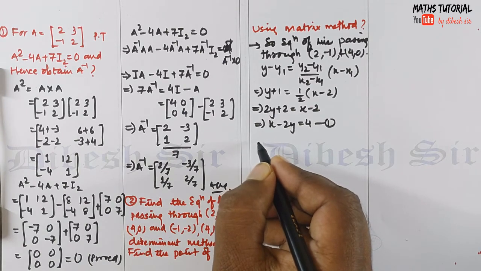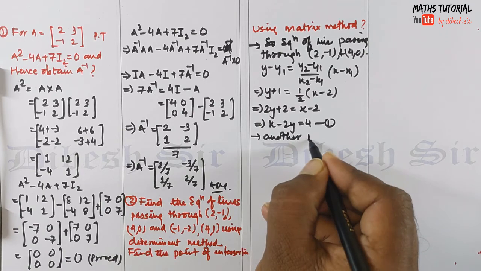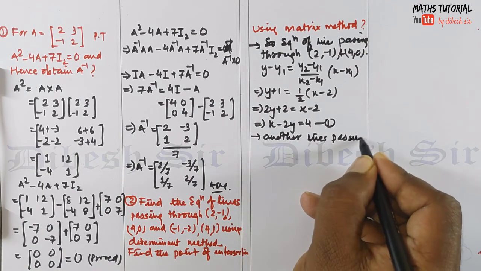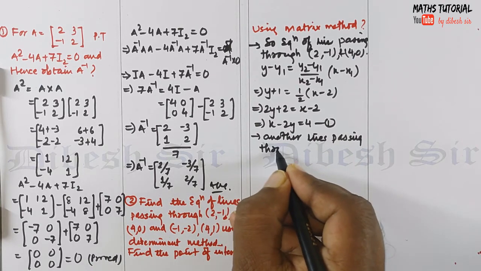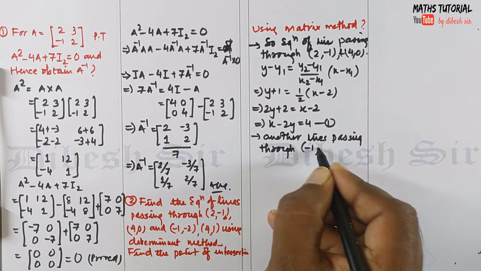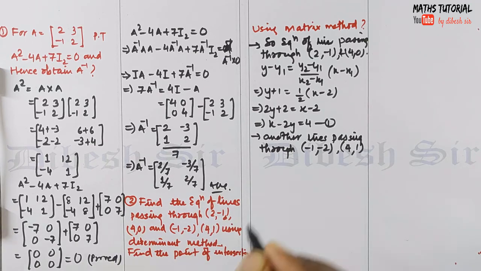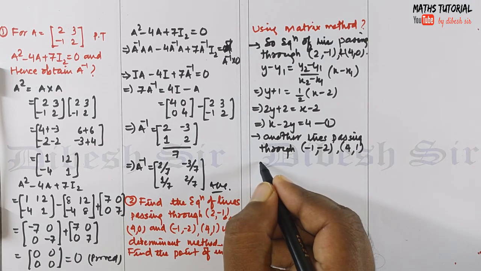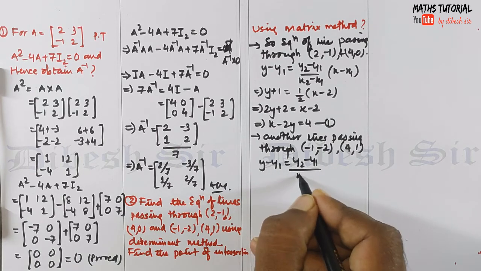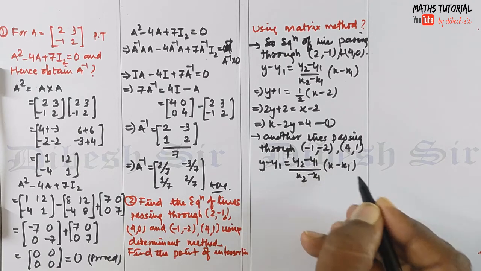Next line, another line passing through (-1, -2) and (4, 1). Again the same formula, y minus y1 is (y2 minus y1) by (x2 minus x1) into (x minus x1). Always write the formulas first.